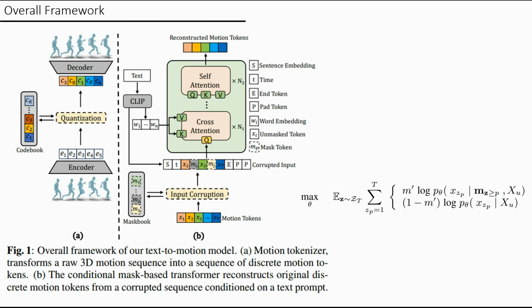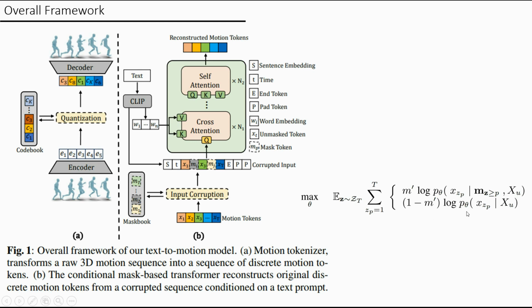the original motion sequence. The objective function for training the transformer is here, and the first term, which is for mask tokens, ensures that the mask token at the position of z of p can only attend to mask tokens greater than itself. So this is a causal dependency for mask tokens, and also the mask tokens can attend to the unmasked part of the sequence.